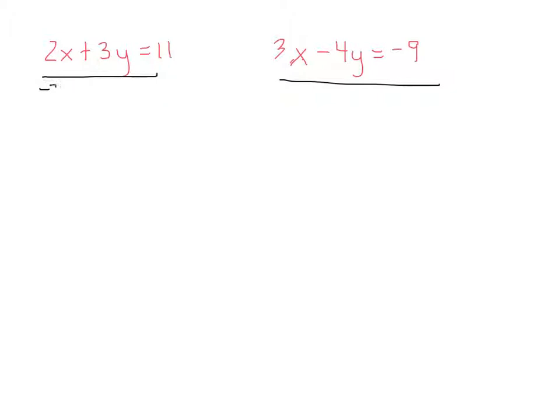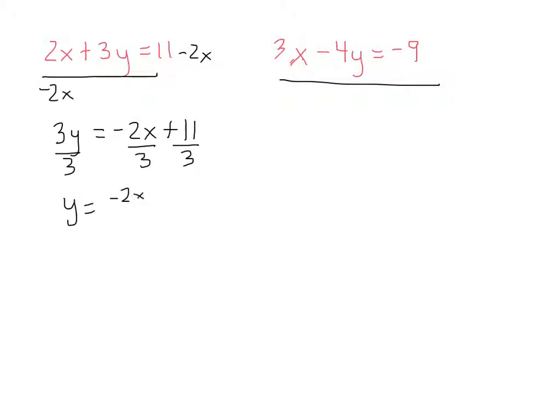So on this one, I'm going to subtract 2x on both sides, and I have 3y equals negative 2x plus 11. And then I'll divide by 3 on everything, and I have y equals negative 2x over 3 plus 11 over 3. So that's my first equation in slope-intercept form.